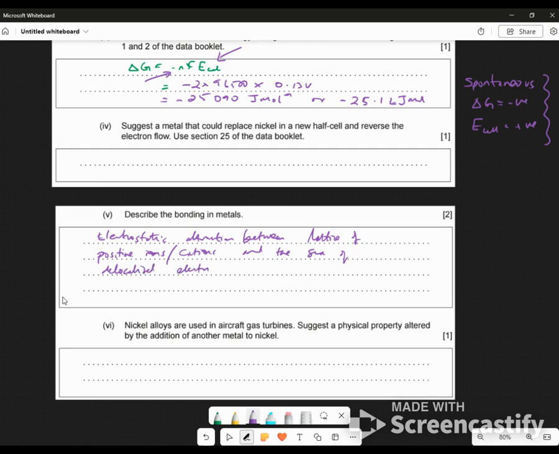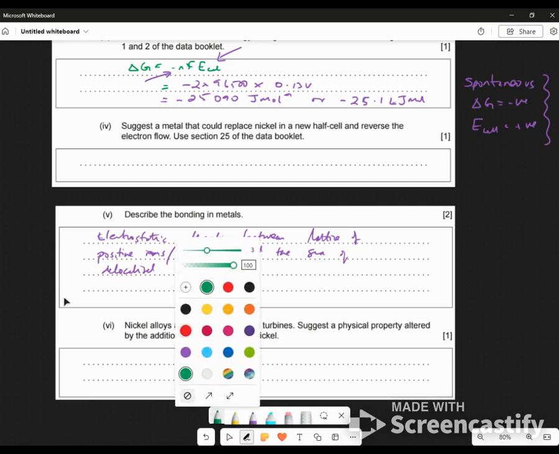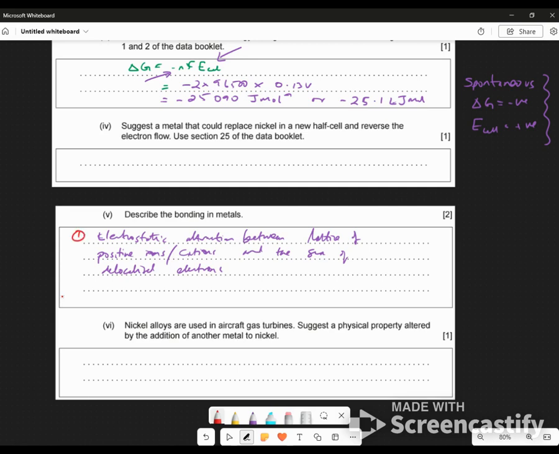All right, there you go. That's not a bad answer, actually. I would agree with that. Now where are the points? Number 1 for saying electrostatic, and then the second mark is for everything else. All of that is worth 1 mark, but you've got to get the 2 marks there. That's a perfect answer, actually, for what metallic bonding is.